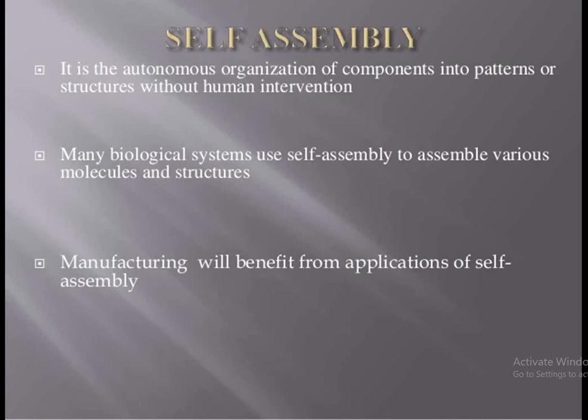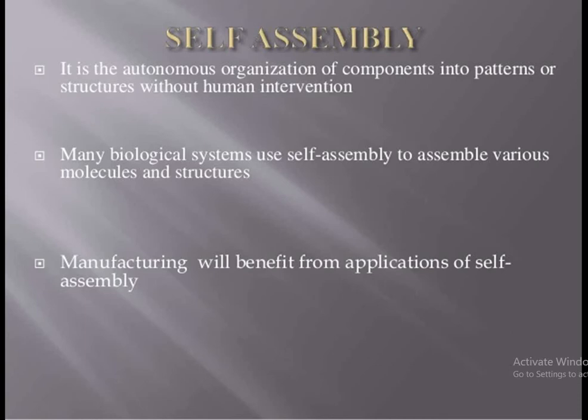The next one is self-assembly. It is the autonomous organization of components into patterns or structures without human intervention. That's why the name is self-assembly. There is no human intervention in the process of building up components into patterns or structures.